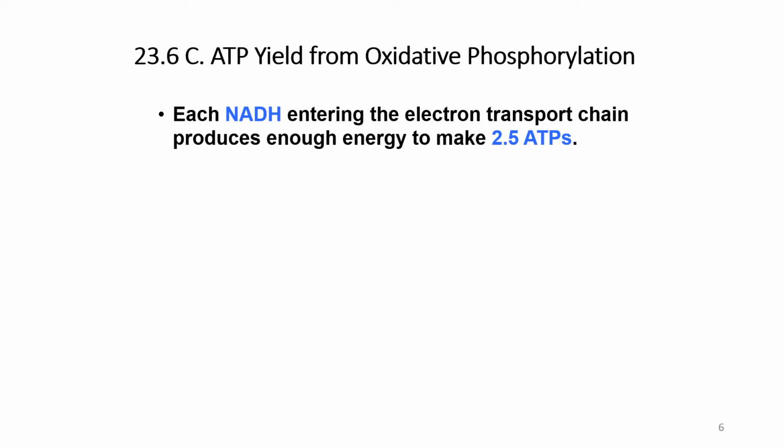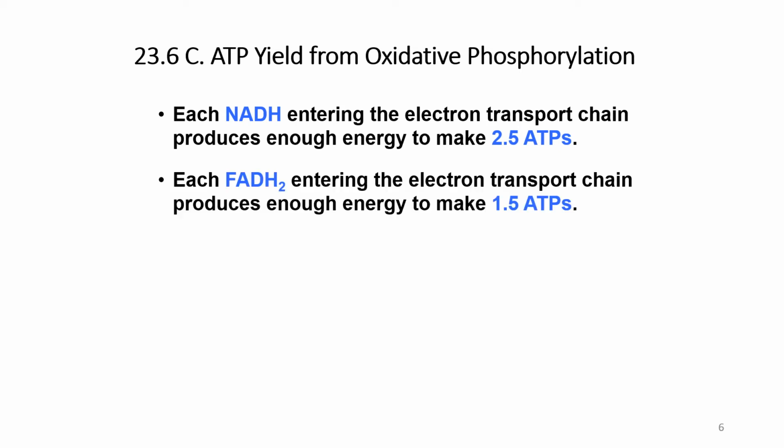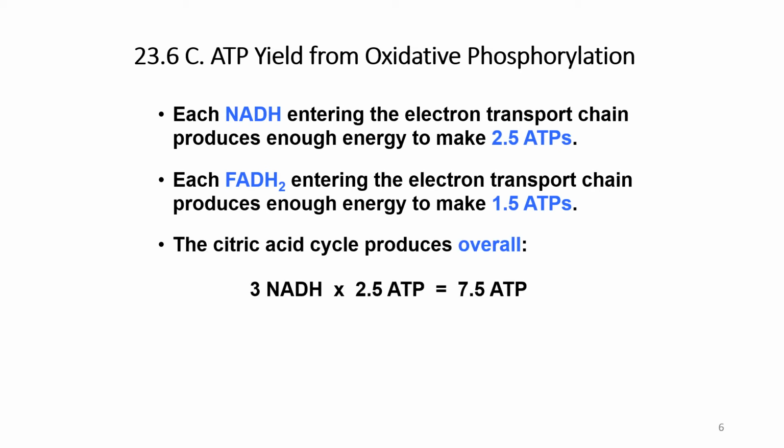We've seen this information before. NADH entering the electron transport chain produces enough energy to make 2.5 ATPs, and FADH 1.5 ATPs. So that's 4 ATPs there.